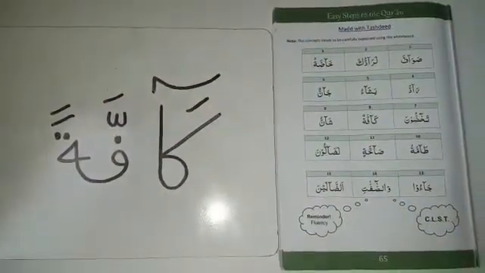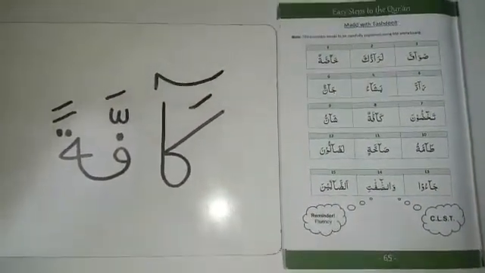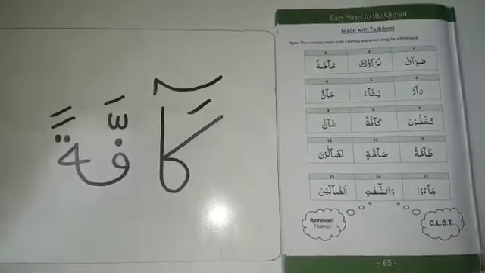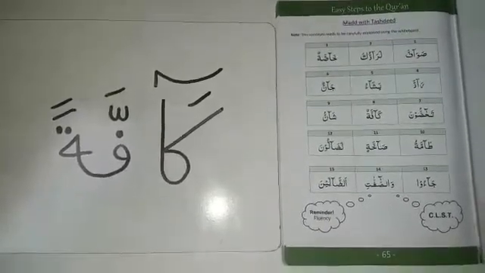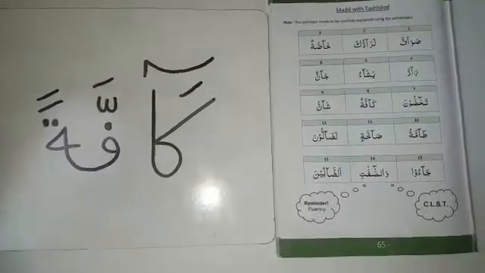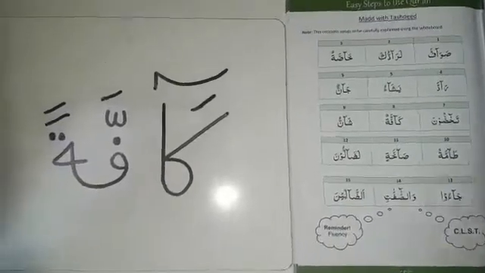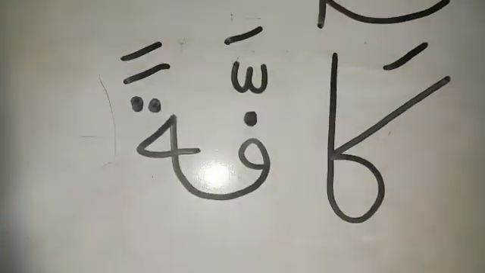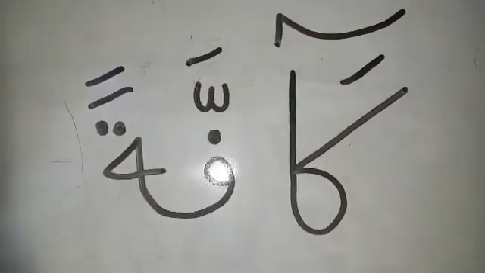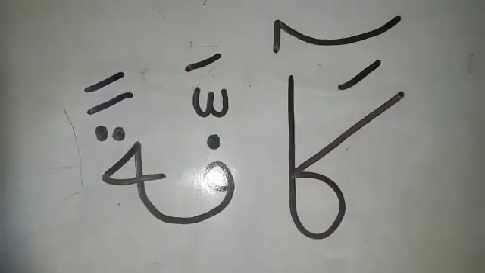Okay, so that's page 65. If you look, it is the one with mud and tashdid next to it. Now, it's very important that you do this stretching and sticking correctly. I have written one example in larger writing, and we'll work on this right now. Right, so here we have the word.